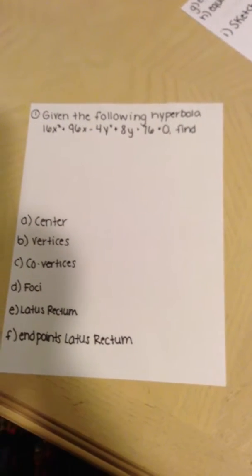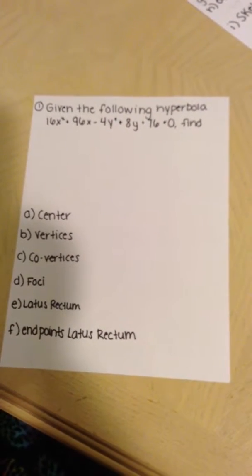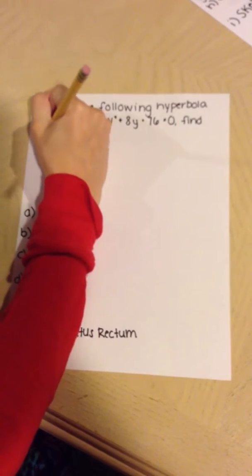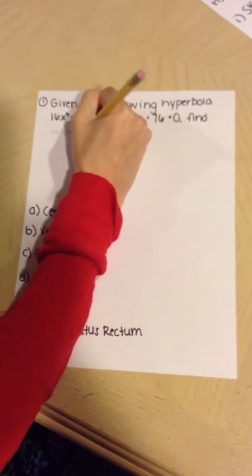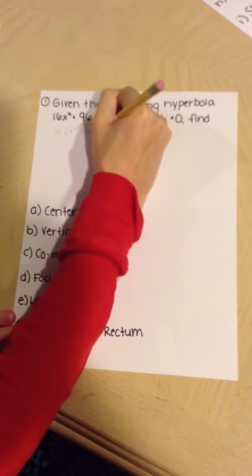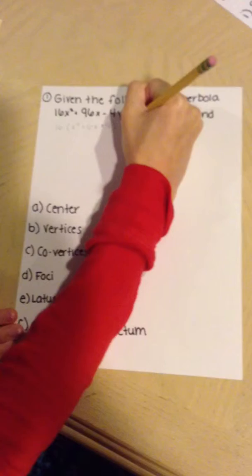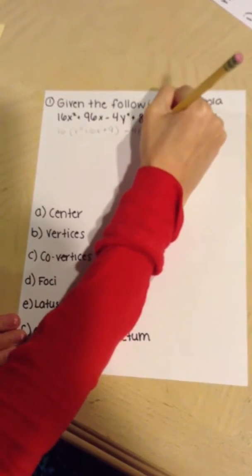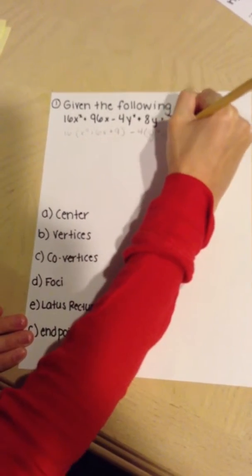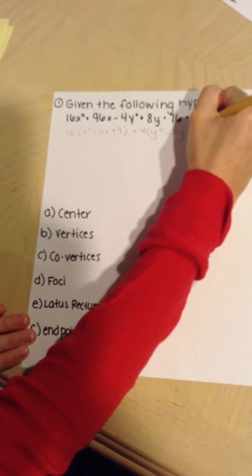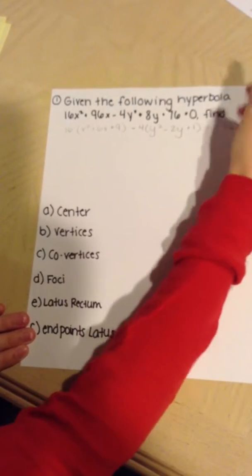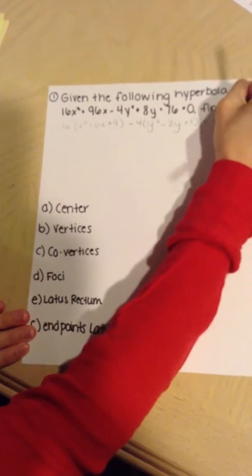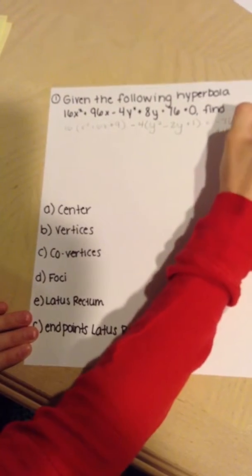The first part of this unit is finding all parts of the hyperbola. So to start, we have to get this into the right form. So 16x squared plus 6x plus 9 minus 4y squared minus 2y plus 1 equals negative 76 plus 144 minus 4.